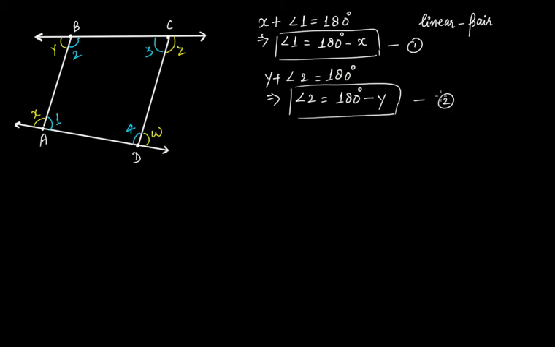Let this be equation 2. Then from vertex C, z plus angle 3 is equal to 180 degrees, and from here you get angle 3 is equal to 180 degrees minus z.